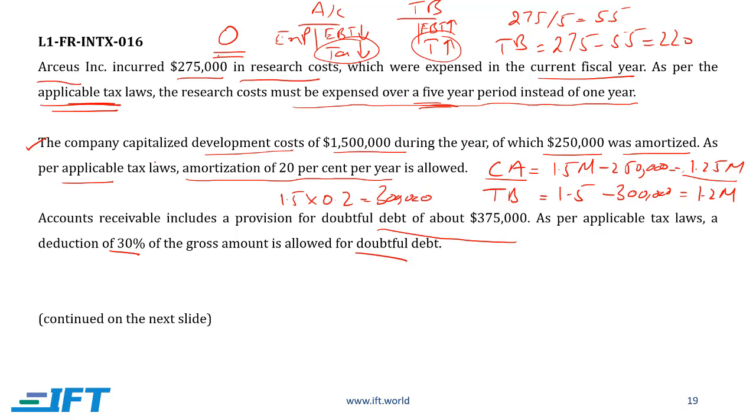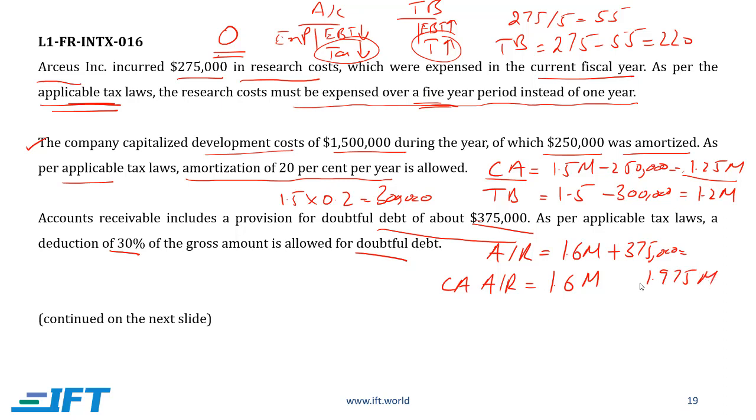So what would have been your original account receivable? Your carrying amount for account receivable is how much? 1.6 million. What would have been your original account receivable when your provision is 375,000? It should be 1.6 million plus 375,000. How much would that be? 1.975 million.